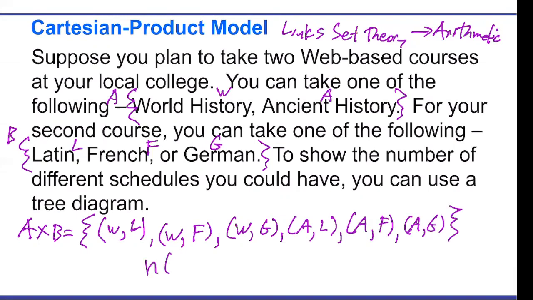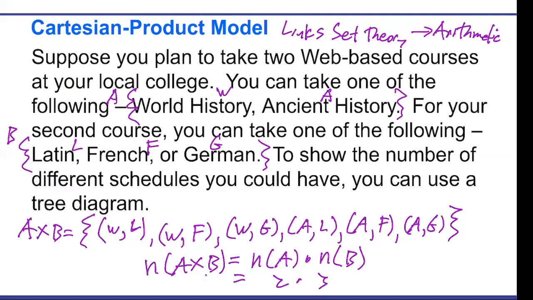Notice that the cardinality of the cross product is equal to the cardinality of set A, which is 2, times the cardinality of set B, which is 3. And basically that's our Cartesian product model for doing multiplication.